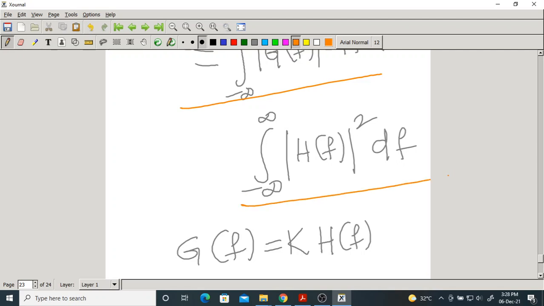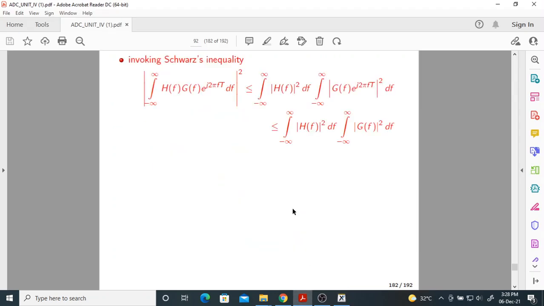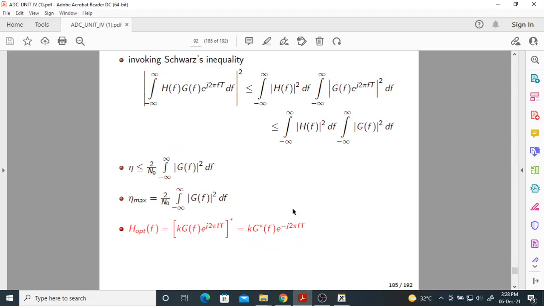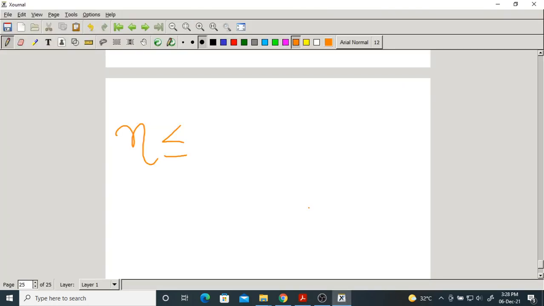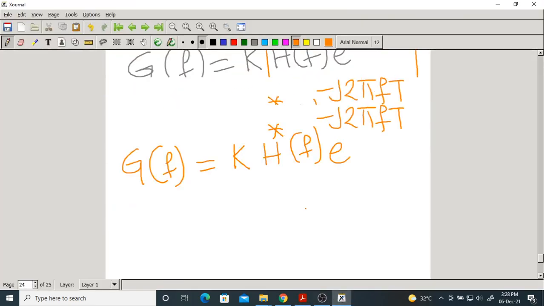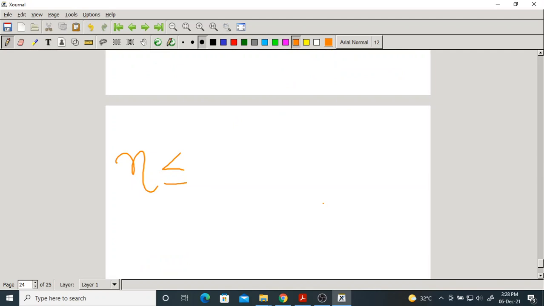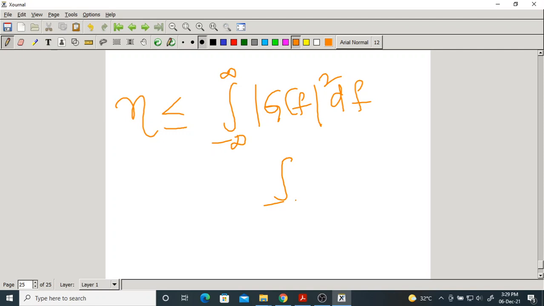So let me write here: eta will be less than or equal to this. The numerator becomes this into this: the integral from minus infinity to plus infinity of mod G of f whole square df into the integral of mod H of f whole square df.